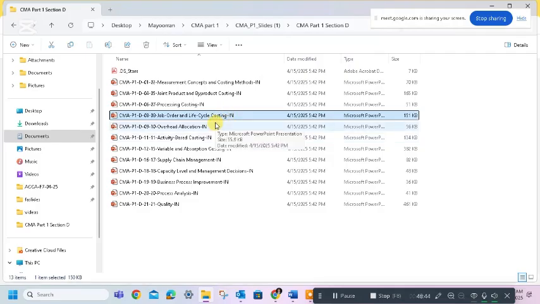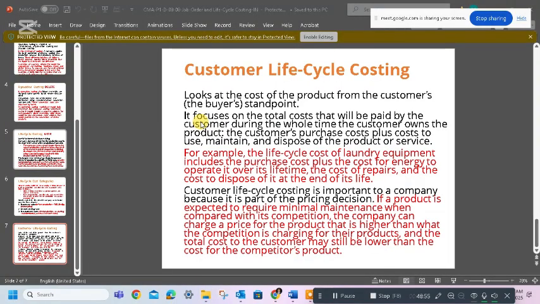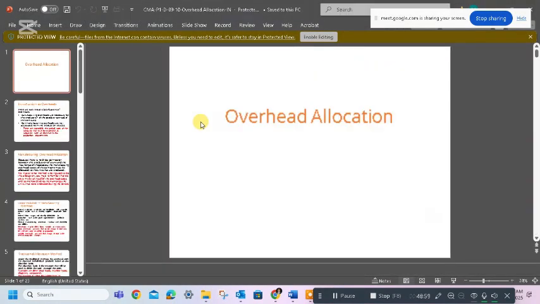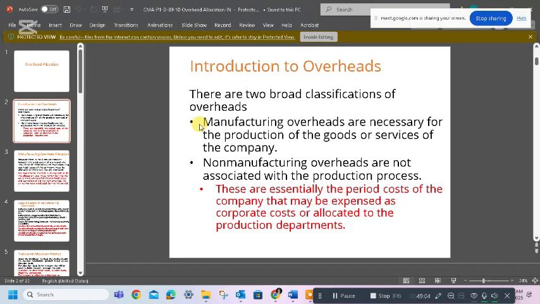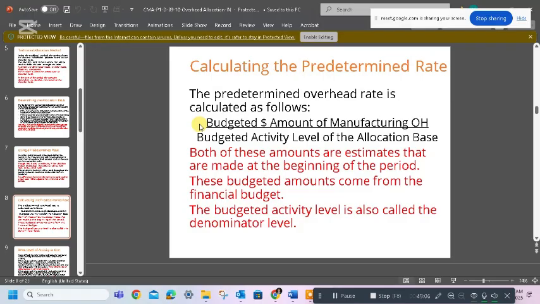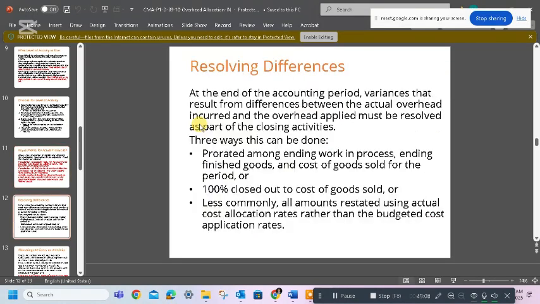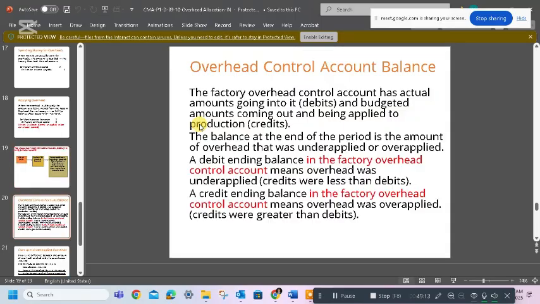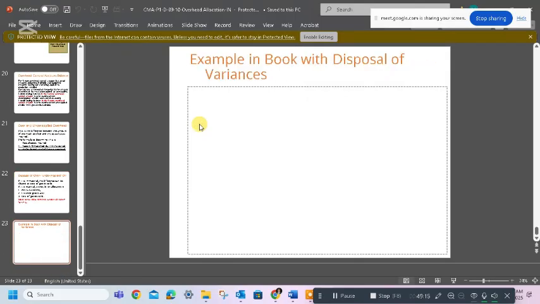That finishes this one. Now let's go to overhead allocation. Chapter 9, 10, overhead allocation. Quite a big chapter it is.